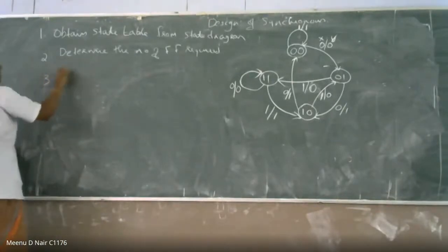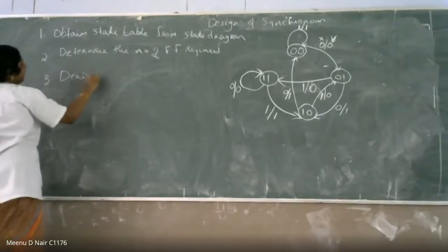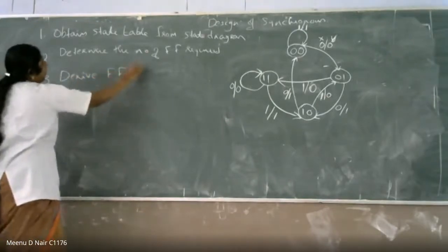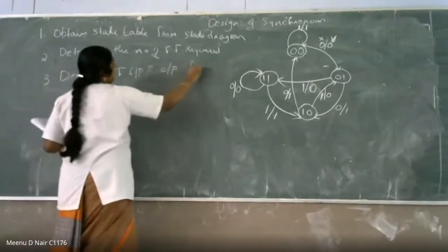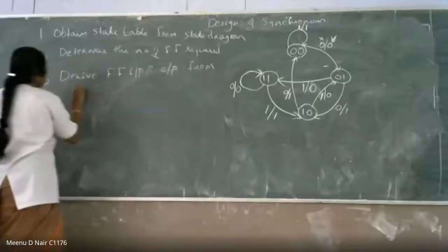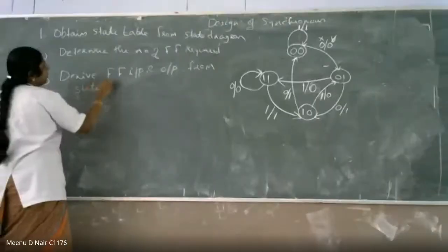Then the third point is derive flip-flop input and output from state table.